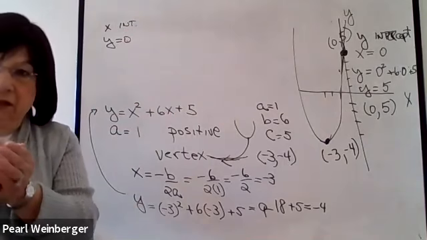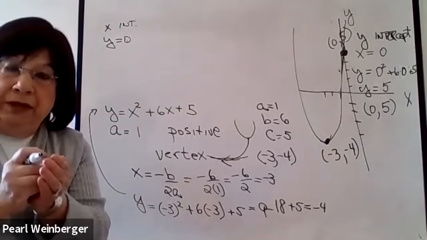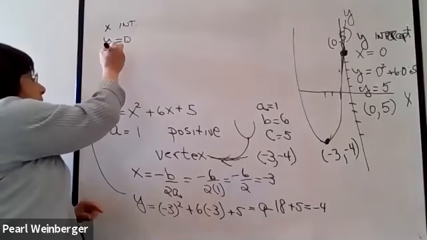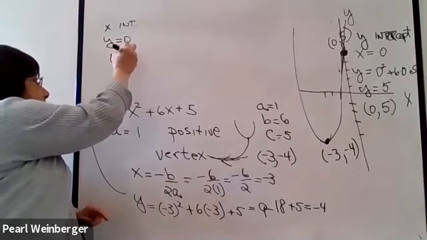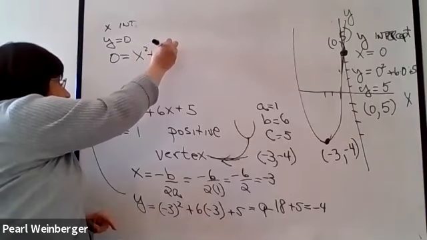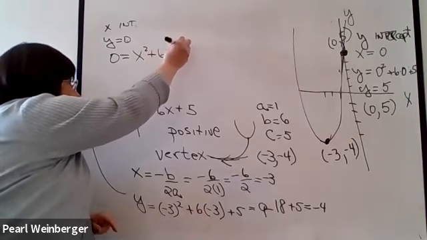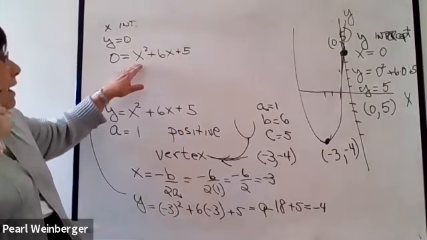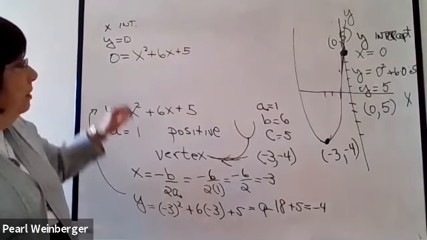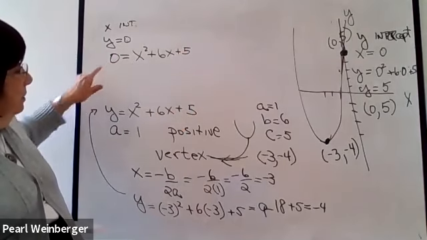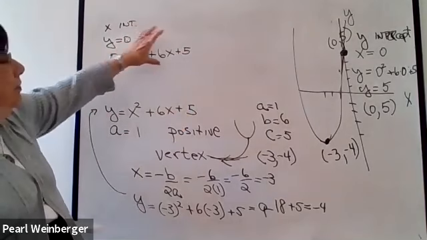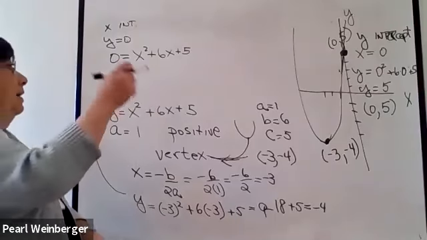When we want the x-intercept, we replace the y with 0. Now, if I go to my original equation, then that means I'm getting 0 equals x squared plus 6x plus 5. It turns out that what I have here is a quadratic equation that has to be solved. In place of the y, we're putting 0, and we have to solve this quadratic equation.